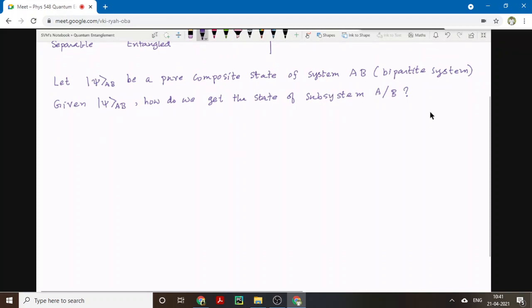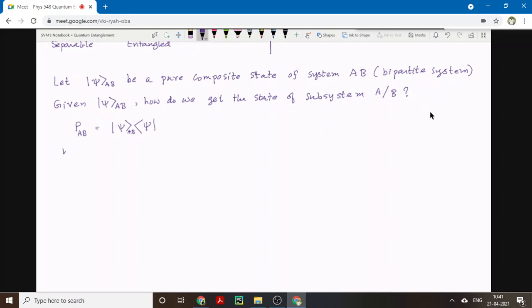We said we will write down a density matrix rho AB equal to |psi AB><psi AB|.